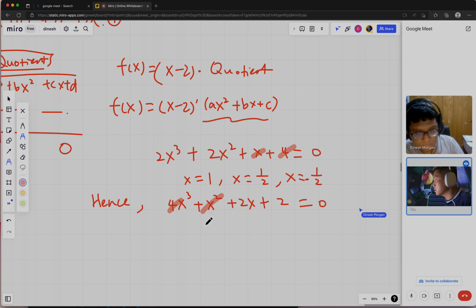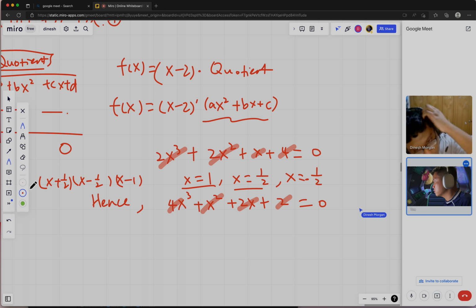So this should be 2. This 2 is the 2x, and this x cubed is the 2. Over here this factor is x minus 1. Then over here is x minus half. Then this one is x plus half, right? So just flip it around.